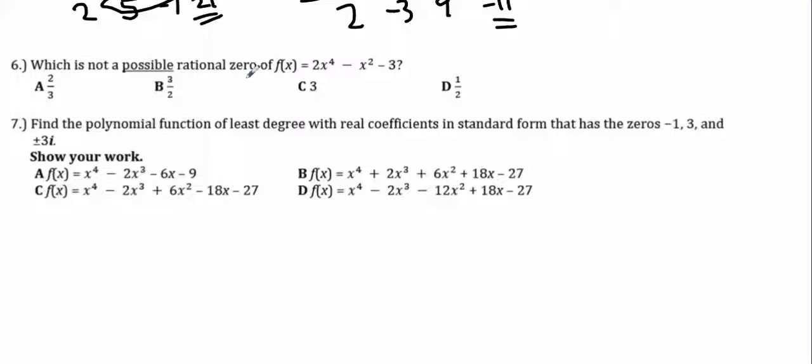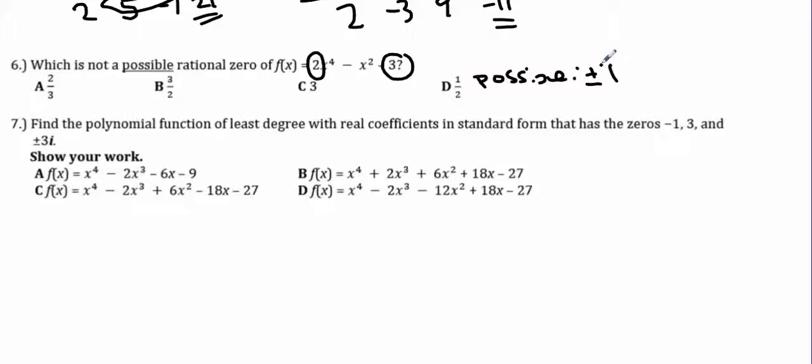All right, number 6, which is not a possible rational zero of the following polynomial. So when we think about possible zeros, we always look and take all the factors. So plus or minus the factors of the constant term over the factors of the leading coefficient.